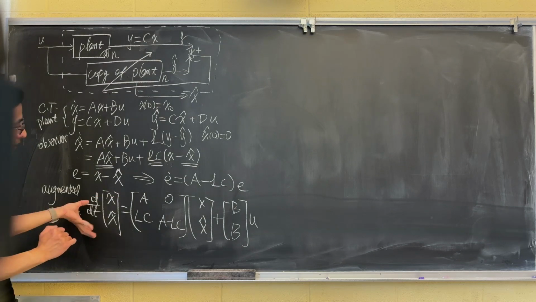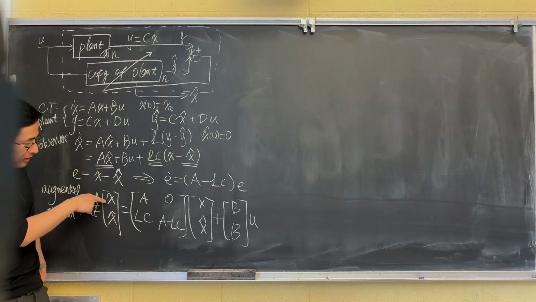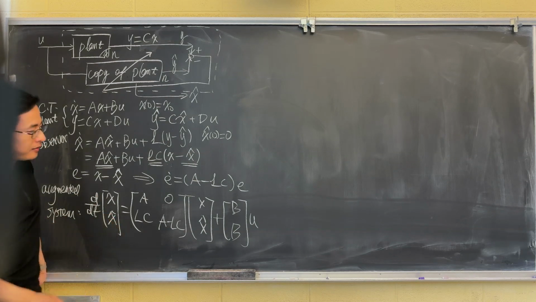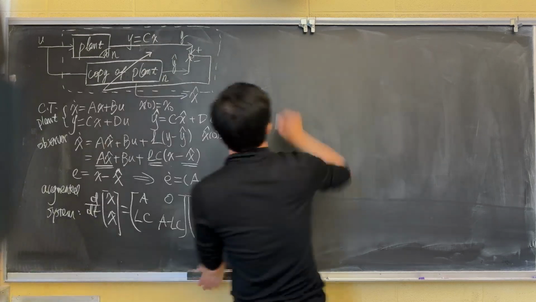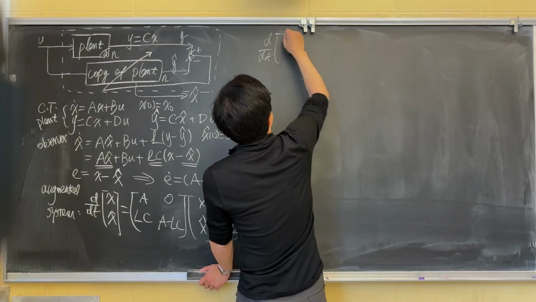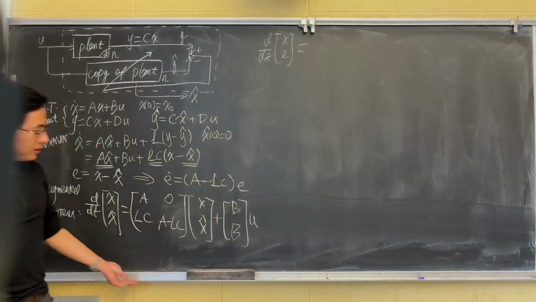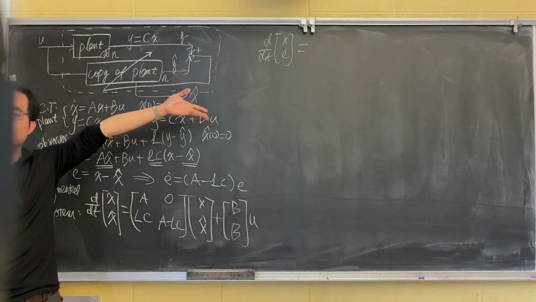The dynamics here we can write with x and x hat as the augmented vector. For analysis purposes, we can also write it by replacing x hat with the difference between x and x hat.